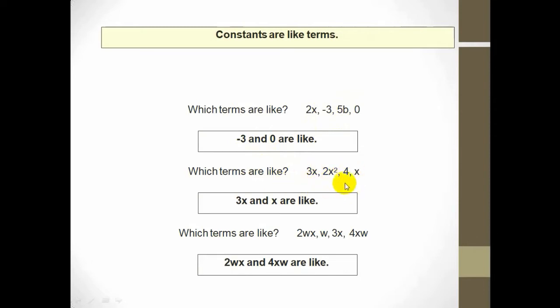In these four monomials, 3x and x are like terms. Similarly, 2wx, w, 3x, 4xw. 2wx and 4xw are like terms because the variables in these two monomials and the variable powers are the same. So 2wx and 4xw are like terms.